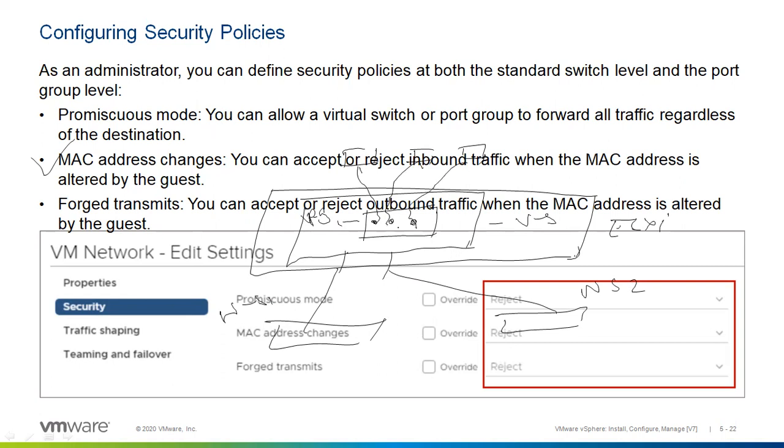This is the virtual port. The NIC we connect in these virtual machines, we refer to as VNIC. So how does this VNIC get its MAC address? It's an automatic assignment by your hypervisor.